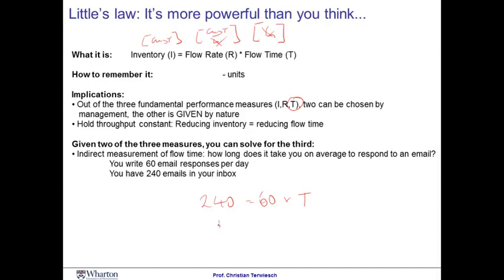Well, it tells us that your average flow time is 4 days. This is the average. Some emails you might respond to faster, some you might take longer, but on average, it takes you 4 days to respond to an email.